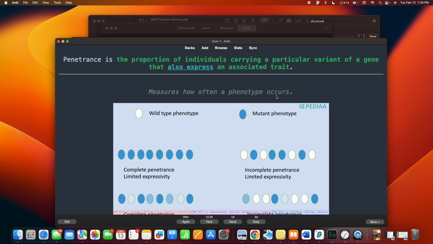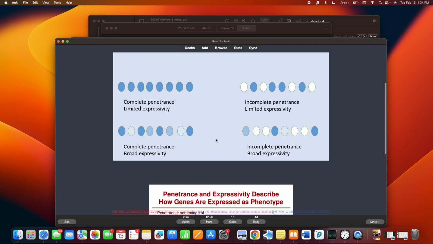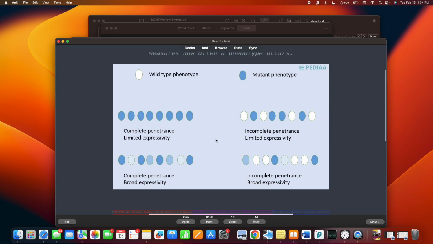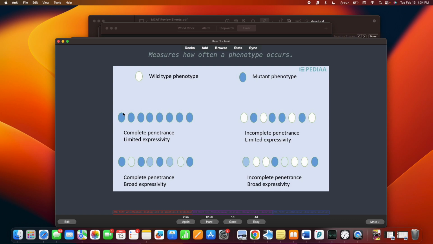So there is an associated trait with it, right? Complete penetrance is all mutants, and with limited expressivity you have degrees of the dominant mutant type, but no wild type.